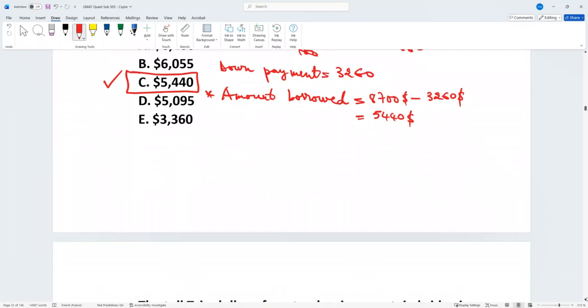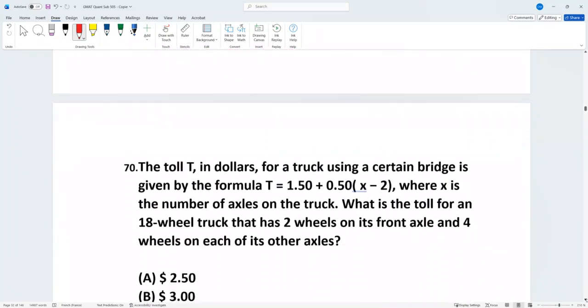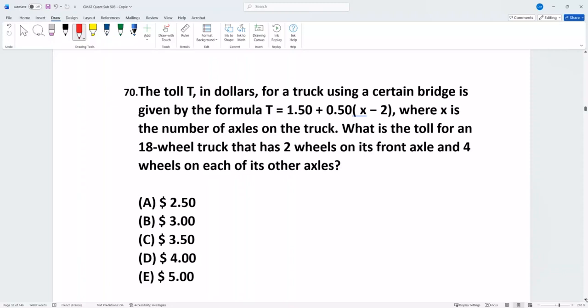Question number 70 says, the toll T in dollars for a truck using a certain bridge is given by the formula T equals 1.50 plus 0.50 times x minus 2, where x is the number of axles on the truck. What is the toll for an 18-wheel truck that has 2 wheels on its front axle and 4 wheels on each of its other axles?